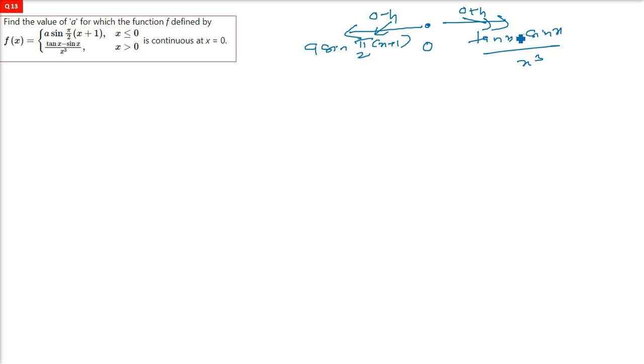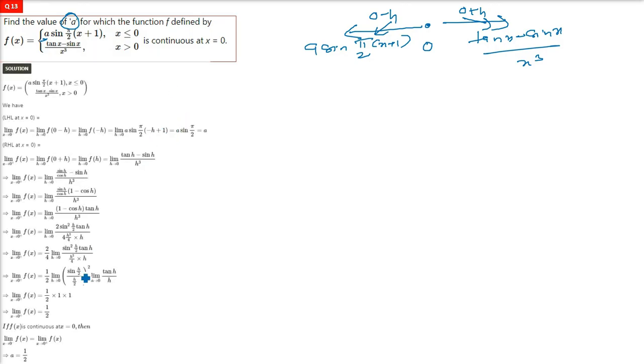Okay. Let us see what it comes to be. That is, we have to apply 0 minus h and 0 plus h. And we will equate them so that we can find out the value of a, because we have to find out when this function will be continuous at x equals 0. So LHL, RHL. And as I said, we will equate them. Left hand limit is what?